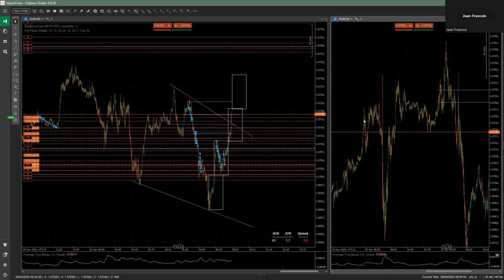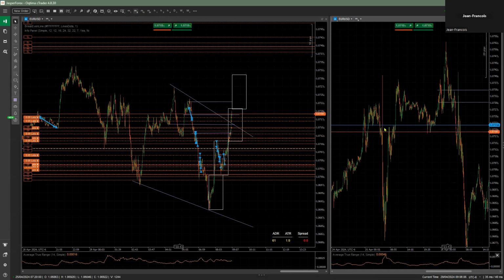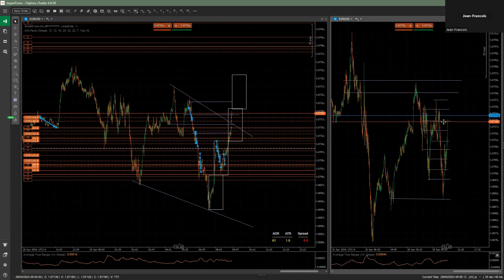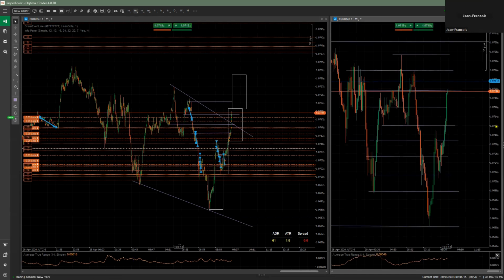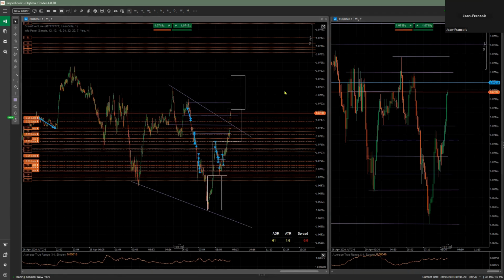All right, this zone here looks very interesting. Right there. And I'm going to change this so I can pay attention to it. I'm looking at this area here, this area right there, and where we are here. I'm just going to remove this. I tend to favor horizontal lines instead of diagonal lines.